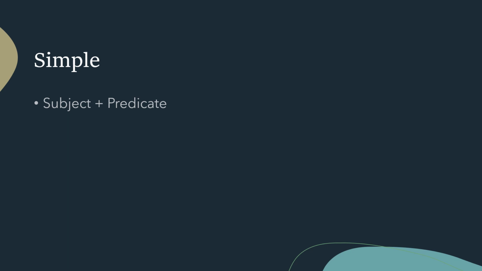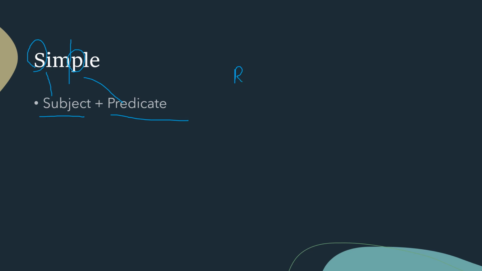The first kind of sentence is the simple sentence. So I am going to break it from here. It becomes simple. So I'll take this P, I'll take this S. S means subject, P means predicate. A sentence that has a subject and a predicate is called a simple sentence.